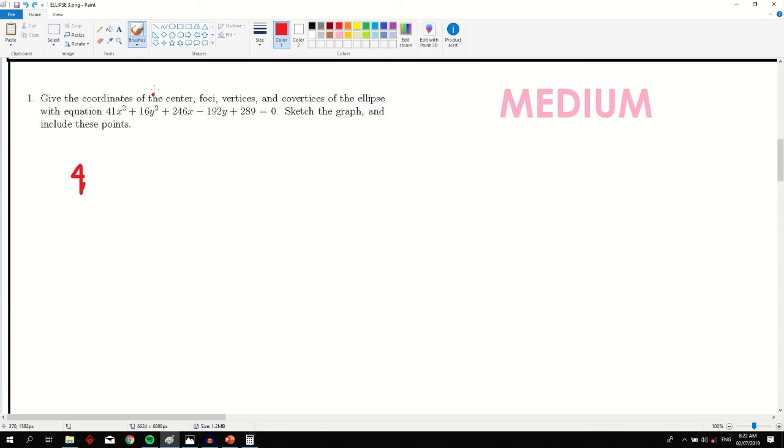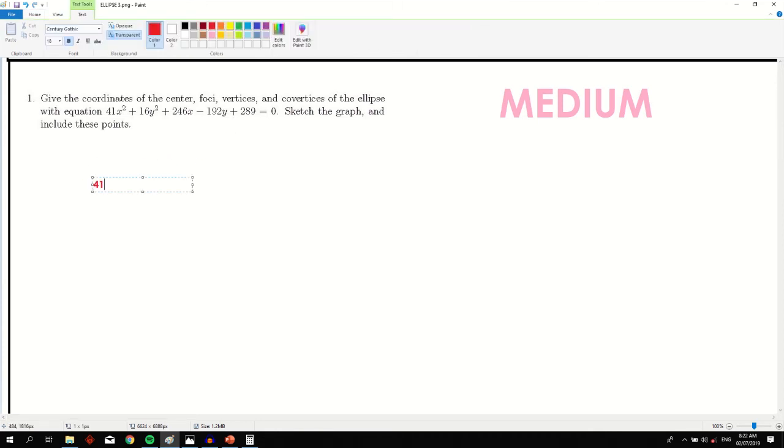Okay, I have an idea to make it clearer. Okay, 41x squared plus 246x, then plus, we don't know that yet, then plus 16y squared minus 192y plus, we don't know that, equals to 0 plus blank plus blank.